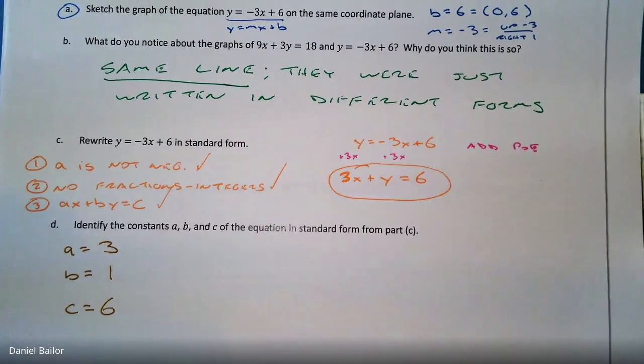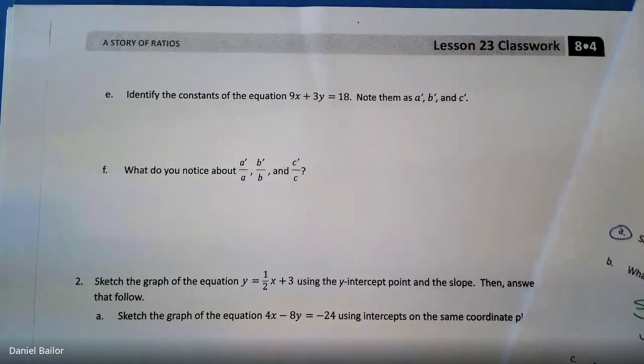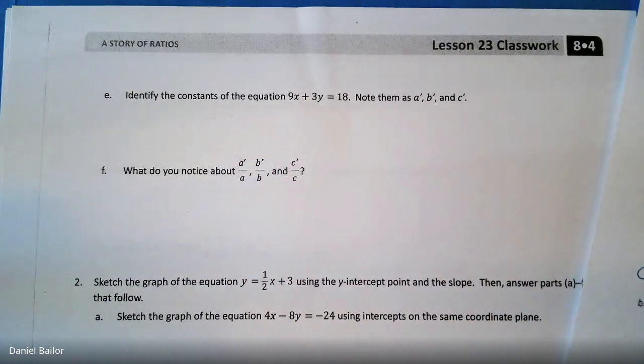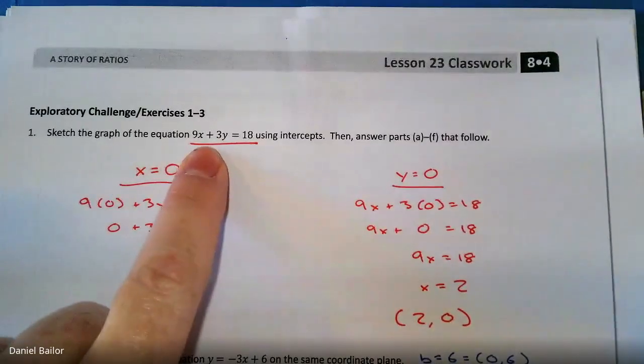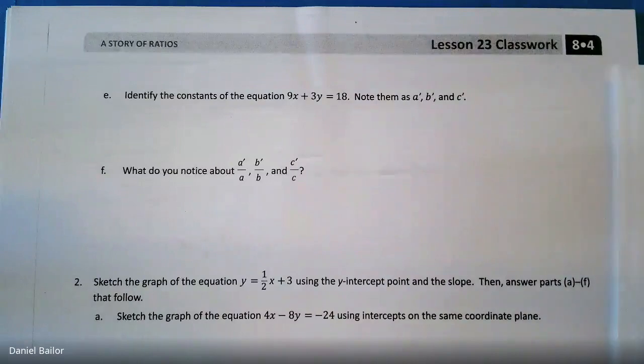So A is 3, B is 1, C is 6. So far, if you go step by step and do what they tell you to, this is making sense. Let's look at part E on the next page. Identify the constants in the equation 9x plus 3y equals 18, which is what we started with, back in the beginning of the question. So they want us to find these constants.